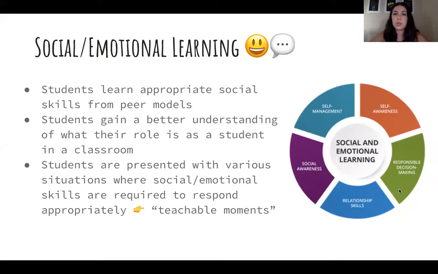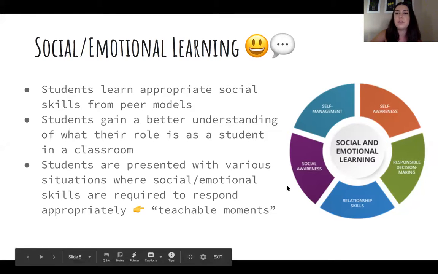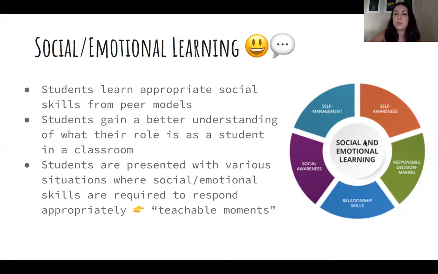So the first goal that I wanted to touch on is social emotional learning. I included this visual of a wheel that defines the main components of social emotional learning: self-management, self-awareness, responsible decision-making, relationship skills, and social awareness.